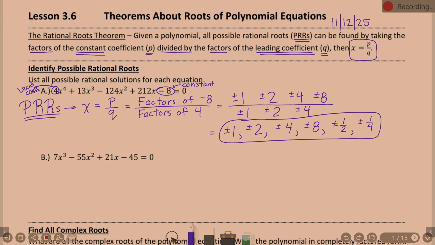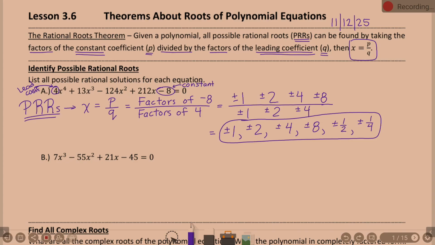So Savvis, their list would be 1, comma, -1, comma, 2, comma, -2, comma, 4, comma, -4, comma, 8, comma, -8, 1/2, -1/2, 1/4, -1/4. So they'd have the whole list without a plus or minus sign. Now, I'm just telling you that so you're aware. The key will still be making sure you have all the right values.